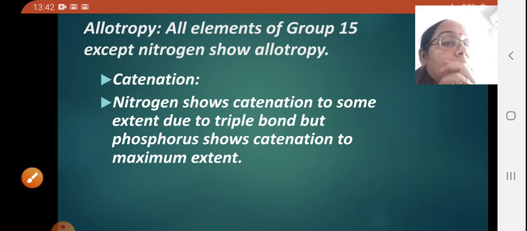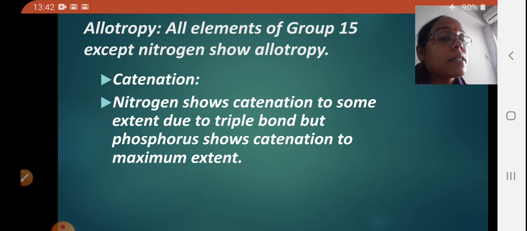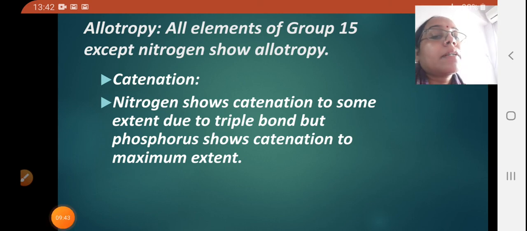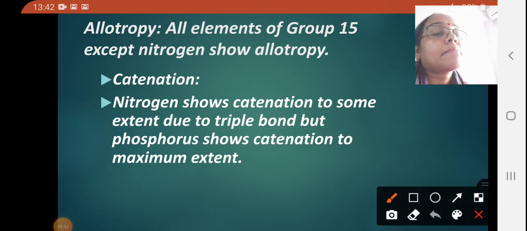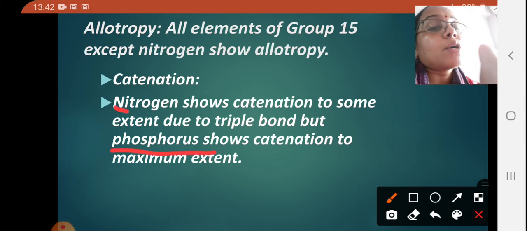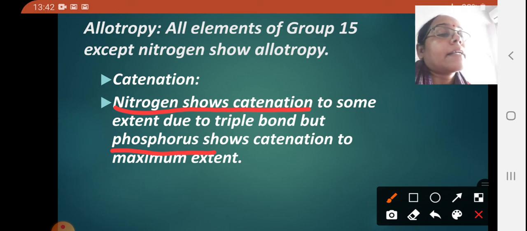Okay, now nitrogen shows catenation to some extent due to triple bond, but phosphorus shows catenation to maximum extent. That means among all the members of group 15, which element shows the maximum catenation? It is phosphorus. Nitrogen also shows some catenation.